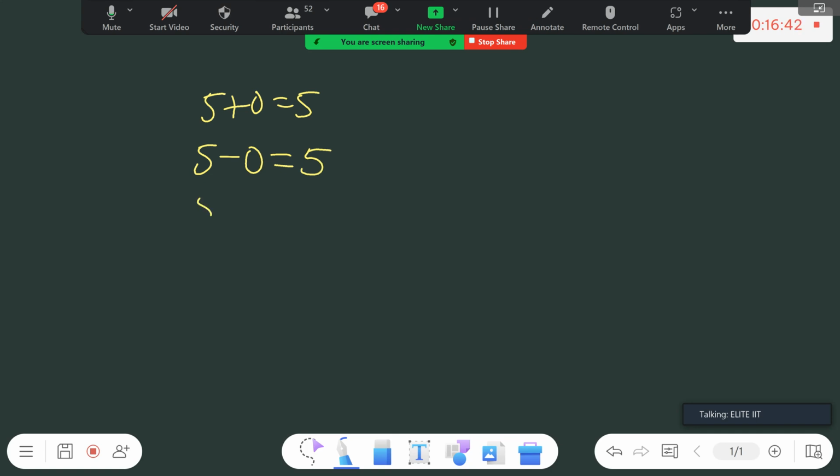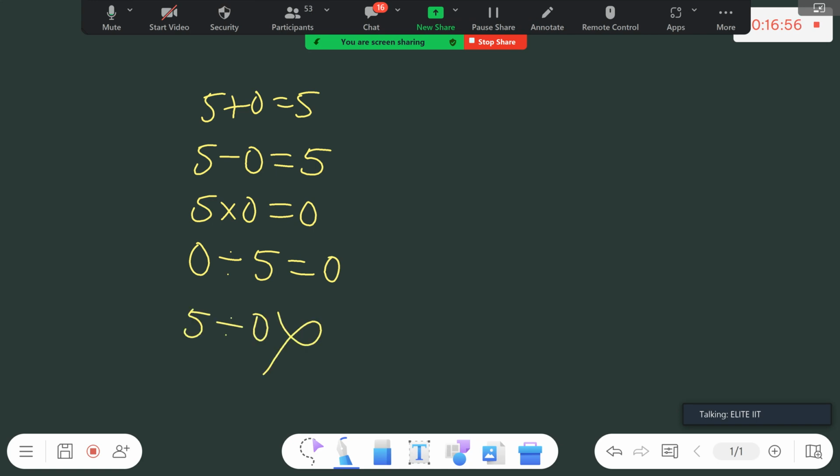If you multiply any number with 0, you will get 0. And if you divide 0 by any number, you will get 0. But remember one thing, you cannot divide 5 by 0. These are the 4 properties of 0.